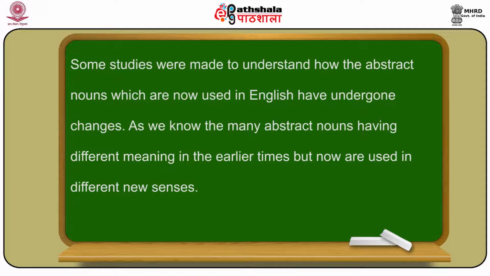As you know, many abstract nouns had different meanings earlier but are now used in different new senses. This is an interesting study to know how the original meaning changed. I will also come to some other examples to show how the prototypical meaning changes with more subjectification of meaning.